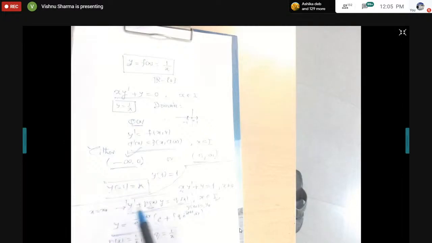The existence theorem says that if P and Q are continuous, then the solution is of class C1 and it exists on the whole of I. This is the statement of the theorem. Yes, sir. So you think about it, why is it so?